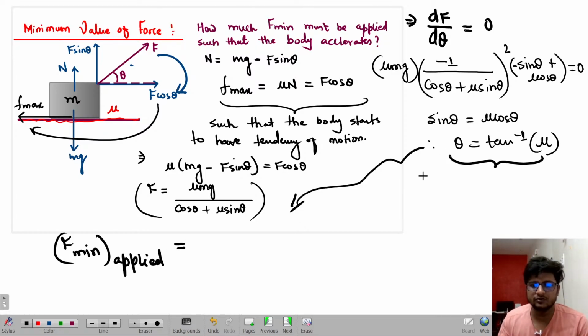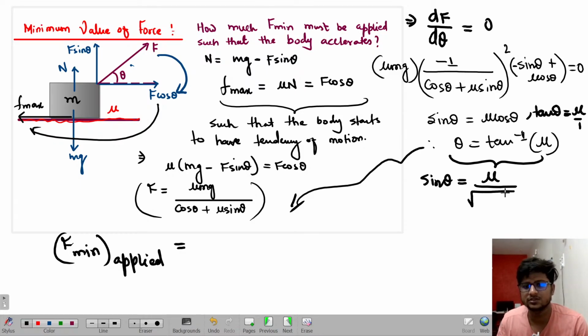If theta is tan inverse mu, I can write even sine theta. See, tan theta is equal to mu, correct? Mu by 1. Perpendicular is mu, base is 1. So sine theta is perpendicular by hypotenuse, mu by root over 1 plus mu square, and cos theta will be 1 by root over 1 plus mu square.